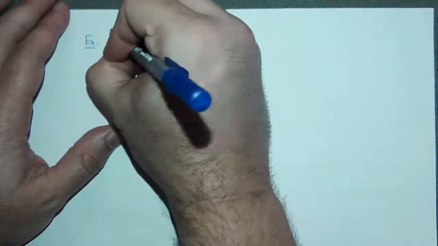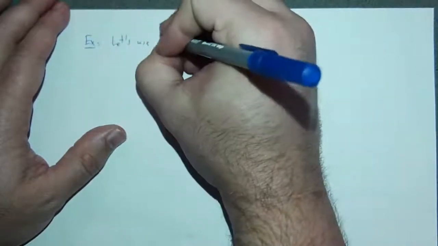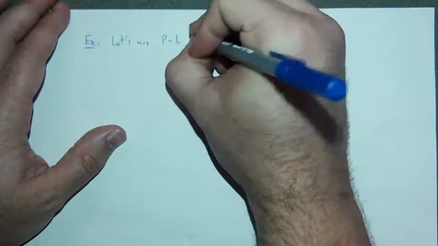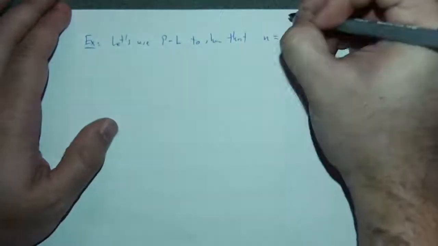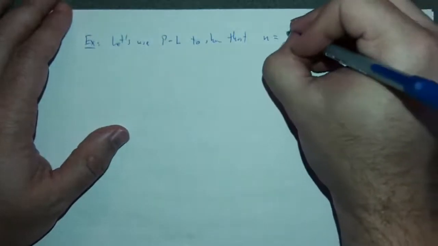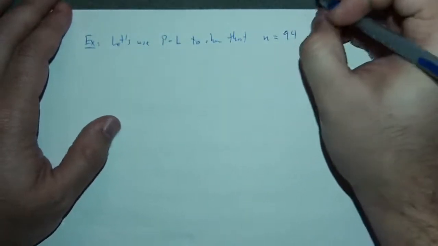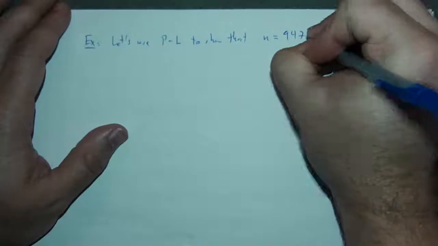So here's an example. Let's use Pocklington-Lehmer to show that n, which is 9,473, is prime.